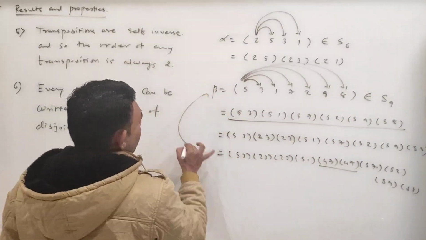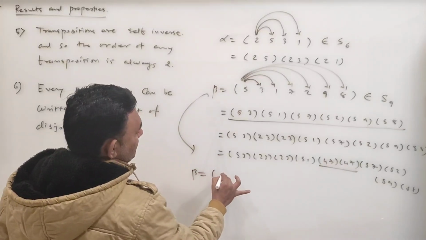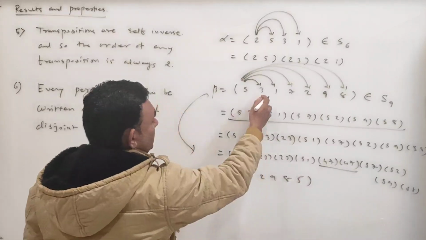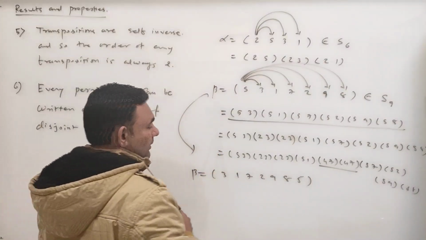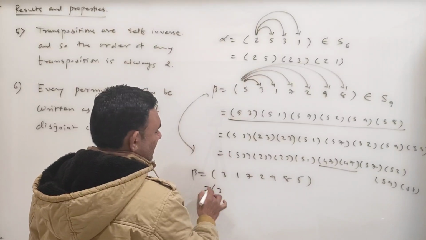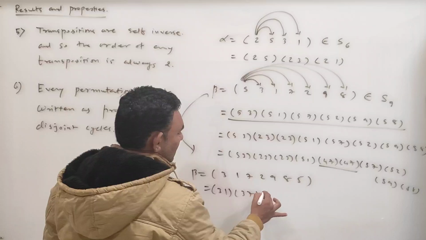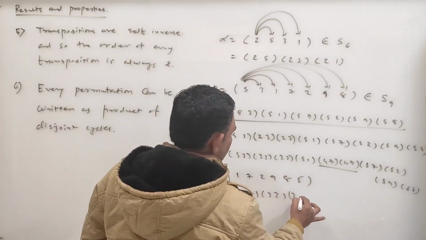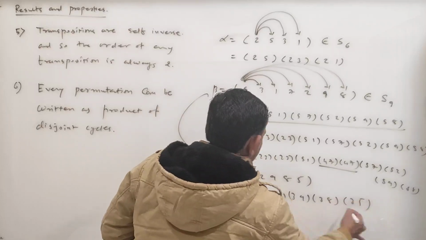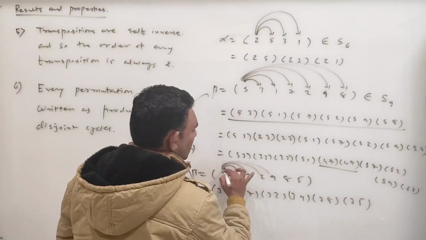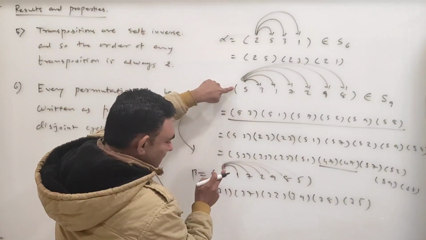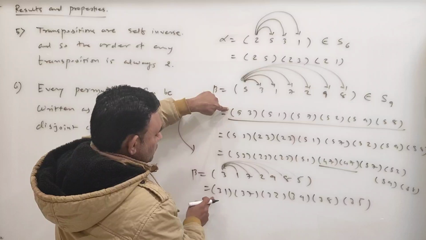What I want to mean, see, this beta is 3 1 7 2 9 8 5 also. ये 3 को मैंने शिफ्ट किया, and now you compute in this way, write beta in this way: 3 1, 3 7, 3 2, 3 9, 3 8 and 3 5. 3 की पेयर बनाओ, ये दोनों तो सेम है, and I can write this in this way also. So these two are equal.